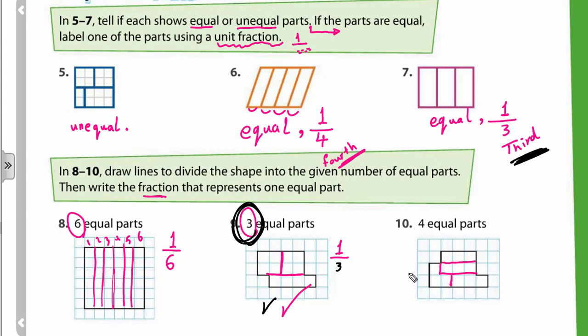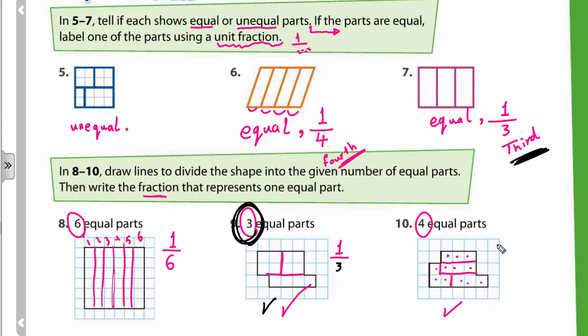This is true. Can you explain why this is true? Because there are three equal parts. No, four equal parts. And each part is made up of 1, 2, 3. Each one is 1, 2, 3.